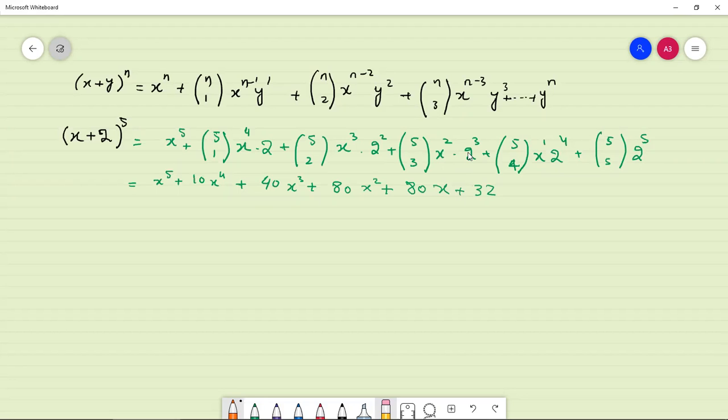For example, you usually see in exercise 6.3 that they ask to find the first three terms of this series in ascending power of x.